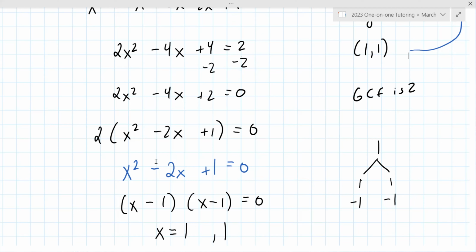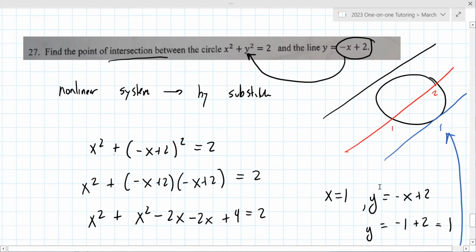All right. Any questions on that? You've got to go back and take that one and put it back into one of the other equations, one or the other, to get the y value. Doesn't matter which one. They're both good. Both work.